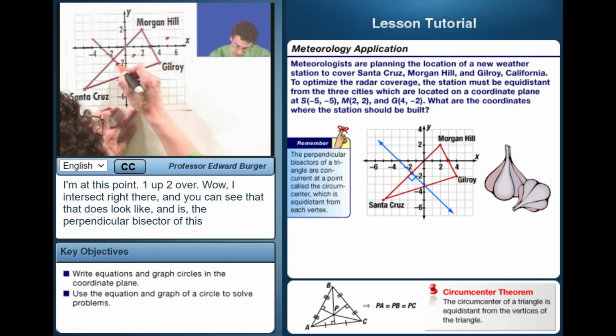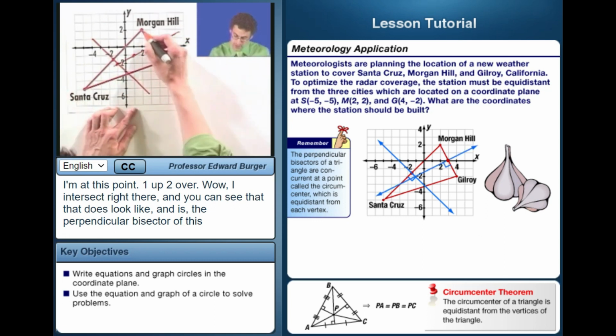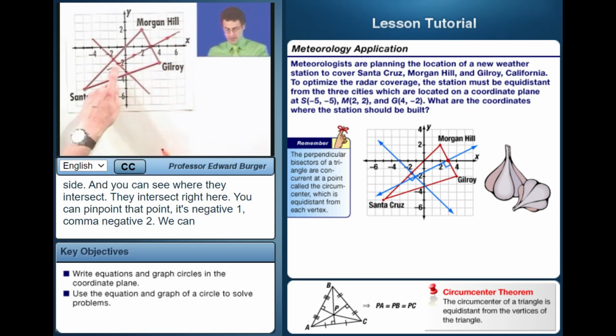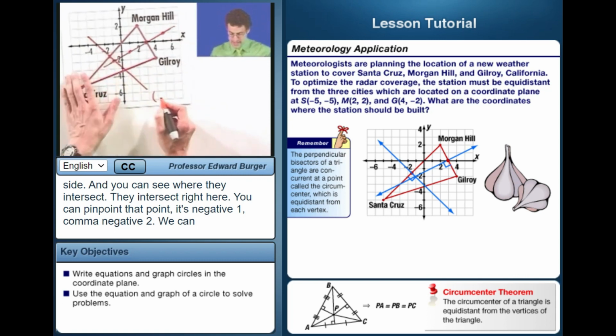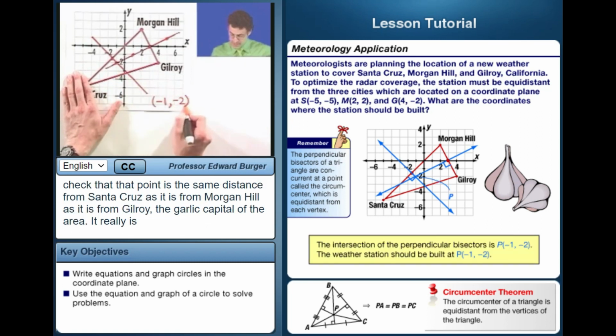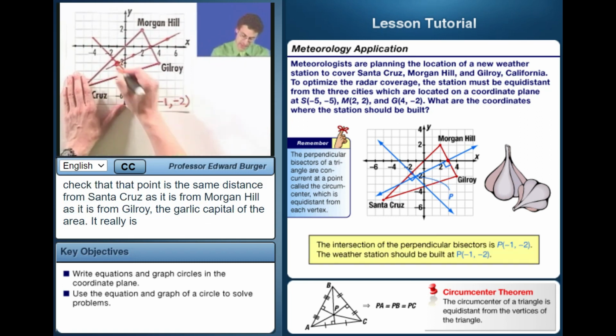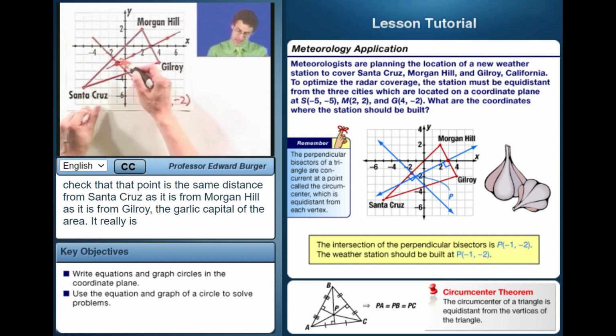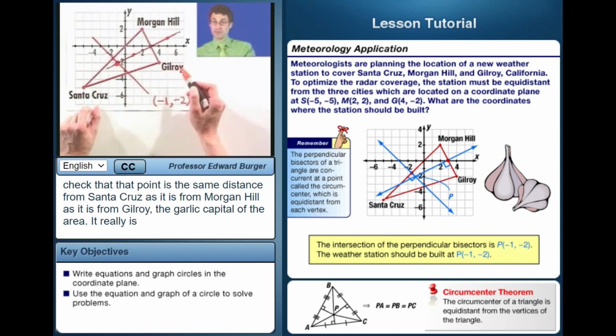And you can see that that is the perpendicular bisector of this side. You can see where they intersect, right here. You can pinpoint that point: it's -1, -2. And we can actually check that that point is the same distance from Santa Cruz as it is from Morgan Hill, as it is from Gilroy, the garlic capital of the area.